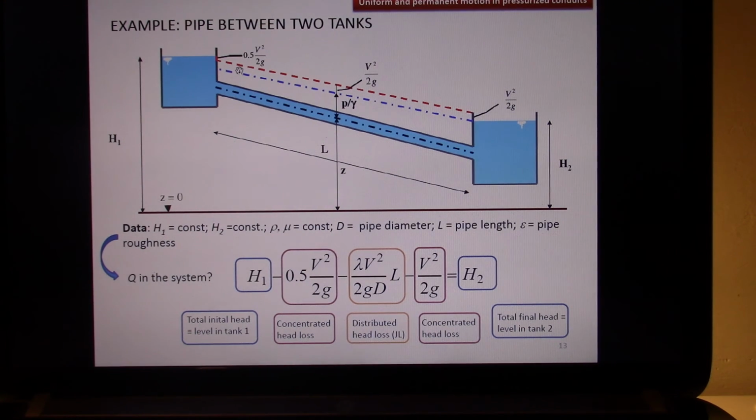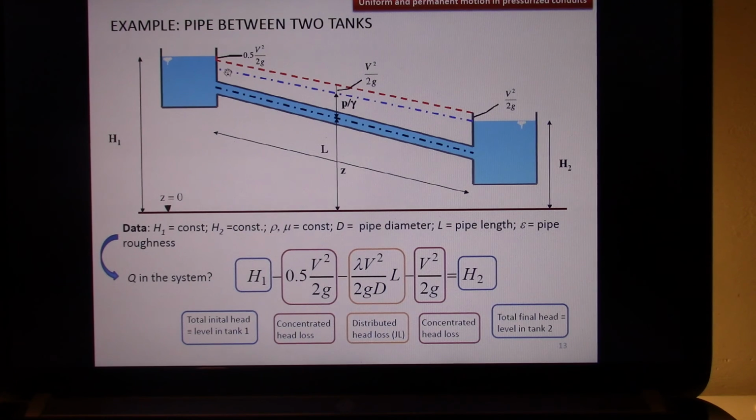I don't know if you can see the hand in this video, but my cursor tries to describe a line like this, a horizontal line, sorry. With respect to this horizontal line, this red line is lower by a quantity, and this quantity is exactly J times L. Then again you have V to the power of 2 over 2g and H2.